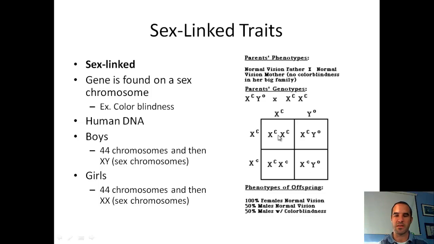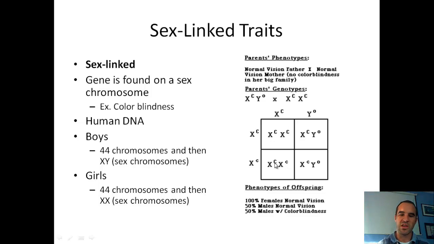And then the next thing you could look at is what alleles were passed on to them. So it got normal vision, and it got normal vision, from the mom, from the dad.